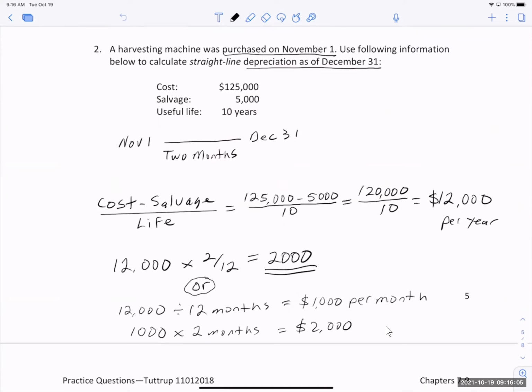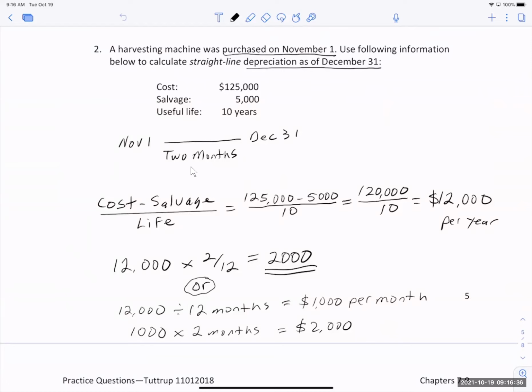Now, usually you don't depreciate the asset for one full year because not all your assets are going to be purchased on January 1, right? And so between January 1 and December 31, yes, one full year of depreciation. But what happens if you purchase that machine on November 1 and now it's December 31?